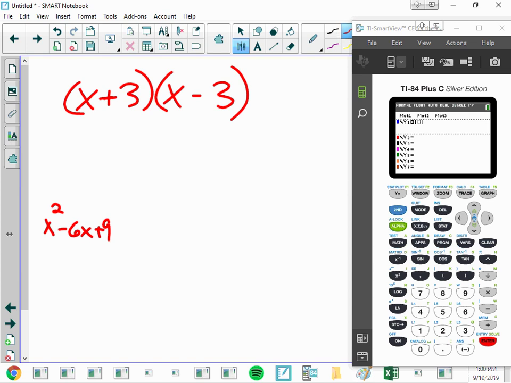The middle one becomes, well, let's try it. So x plus 3 and x minus 3, x squared plus 3x minus 3x minus 9. The middle one turns into 0. And we end up with x squared minus 9.